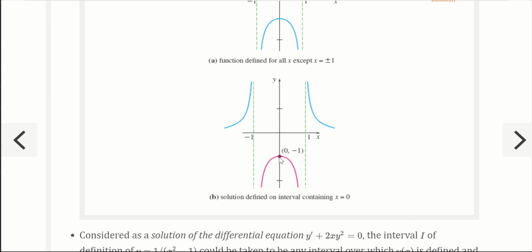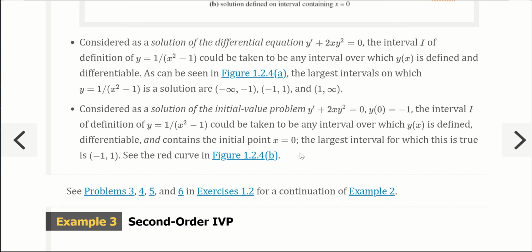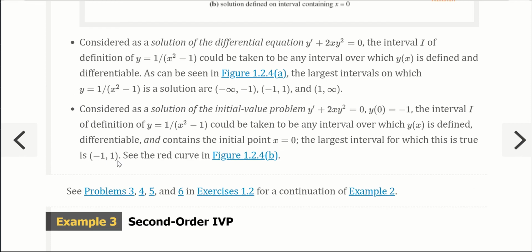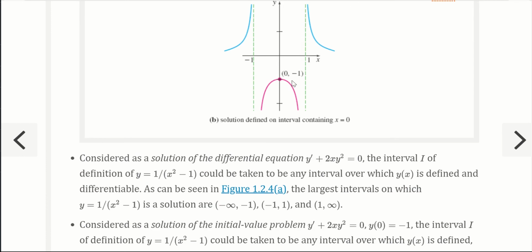That initial point, 0, negative 1, would be a point right here, which would be the portion of that curve between negative 1 and 1. So we would think of this function as being a solution to this differential equation over the interval negative 1 to 1, because that's the largest interval where the solution is defined and includes the initial point.